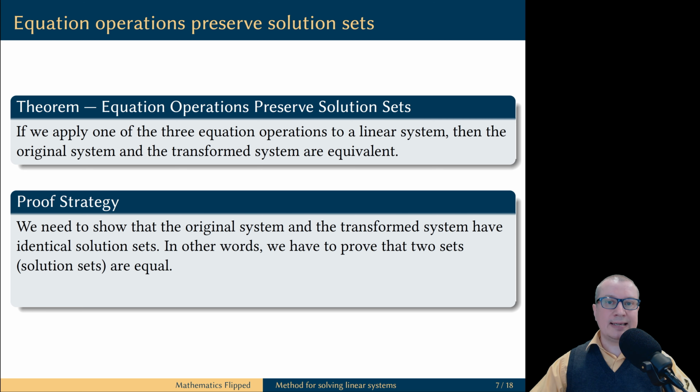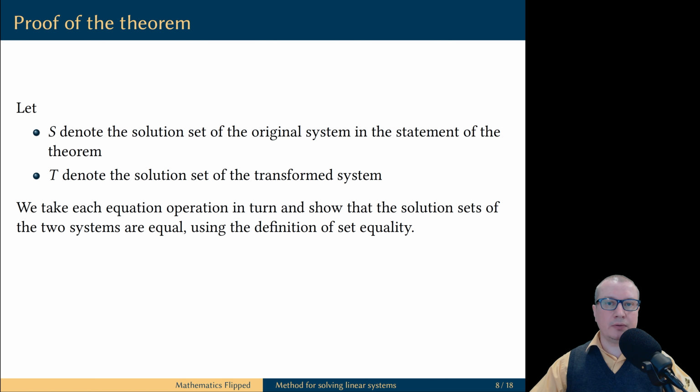In other words, in essence, on the general level, we need to prove that two sets are equal. And to prove that two sets are equal, we need to show that the two sets are subsets of each other.